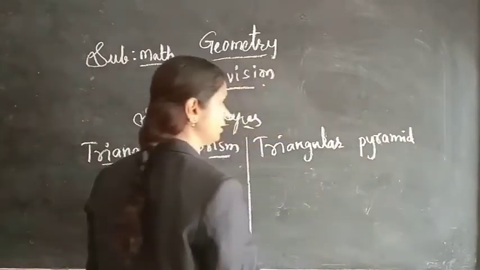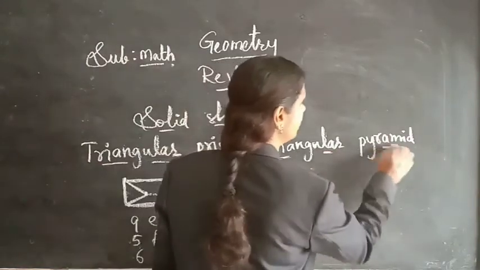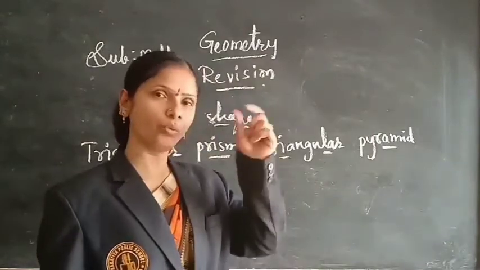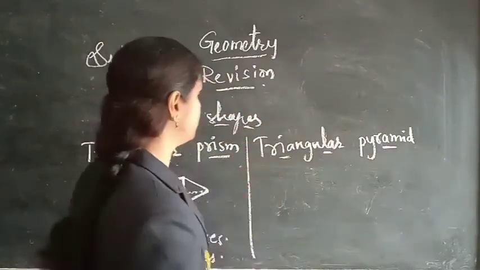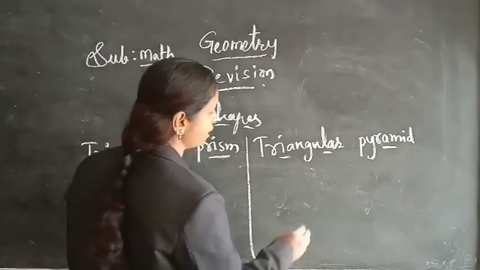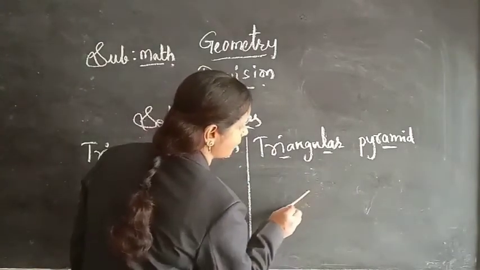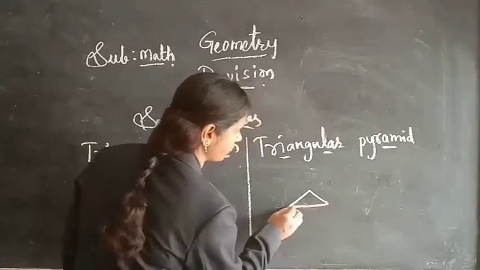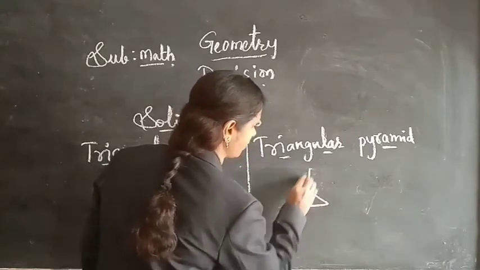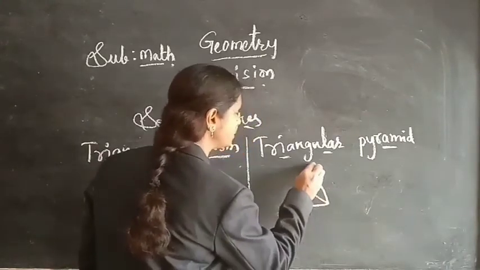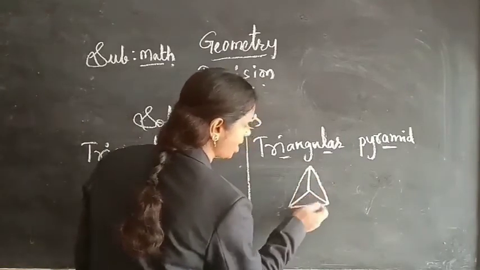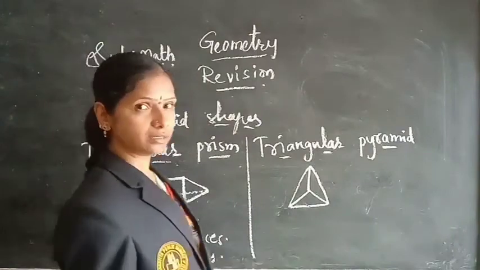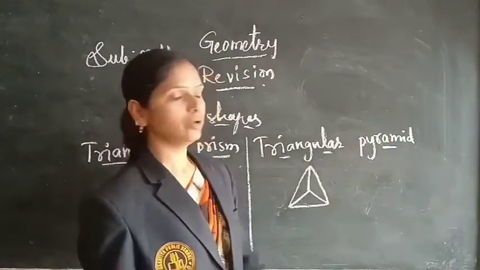Next, triangular pyramid. Triangular pyramid children. See, a pyramid means at the top it should have one vertex, or one tip. See, this is a triangular pyramid, and why are we calling it a triangular pyramid? Because the base has a triangular shape and at the top it has one tip.